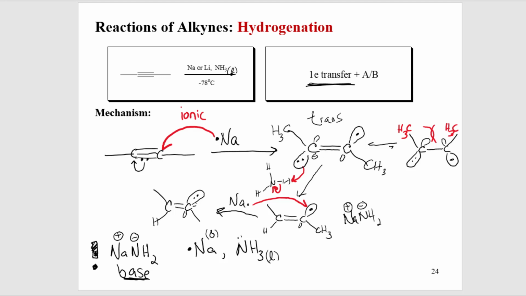So now this carbon is negative, and another equivalent of NH3 acts as my acid, acid-base chemistry. The carbon protonates, and we end up with a carbon-carbon bond with a trans orientation of the system.